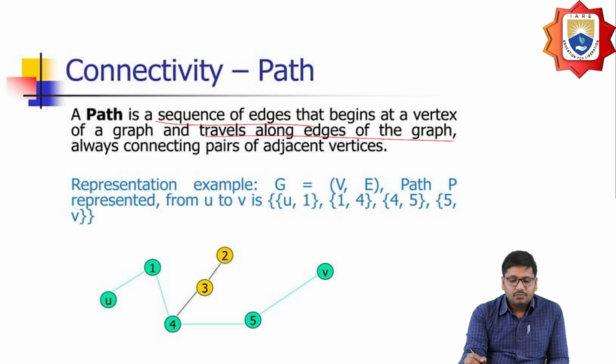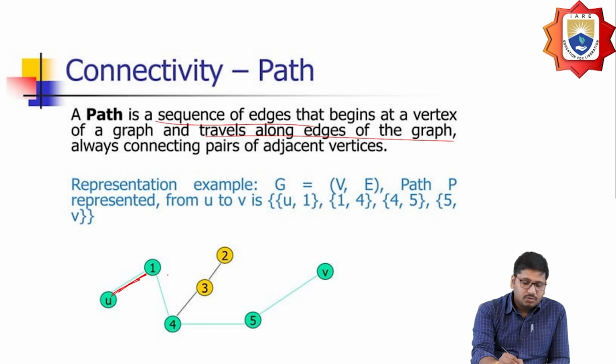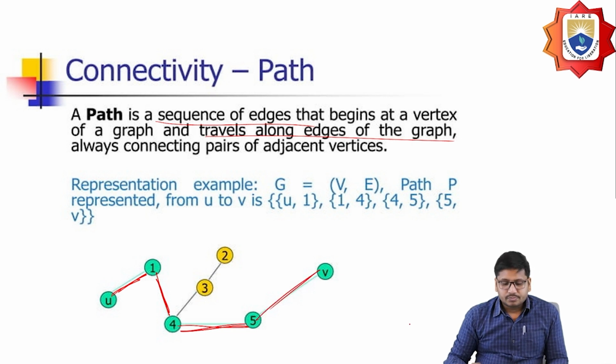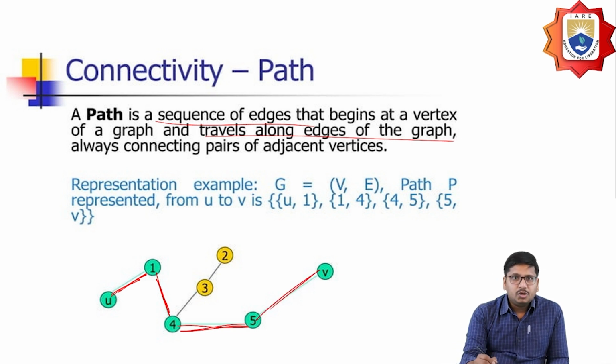If I represent this graph by its set of vertices and edges, the path is represented as u1, v1, v2, v4, v5 and so on. In this graph, this is one such path. This is how I can represent a path here.